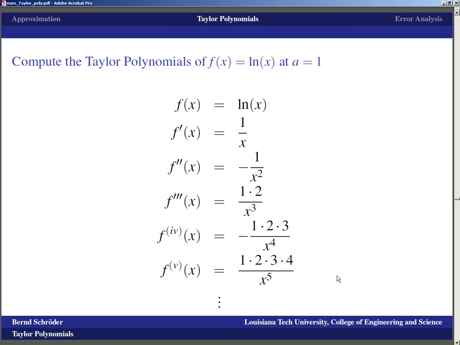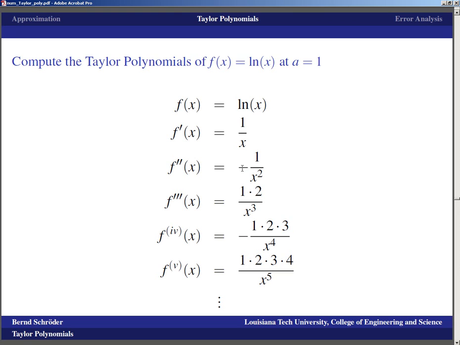So what do we see in this pattern? This exponent is the same as the order of the derivative, right? So the nth derivative should have an x to the n in the denominator. This product here goes up to 1 less than the order of the derivative, right? 3, 4, 2, 3, 1, 2. So we should have an n minus 1 factorial in the numerator.